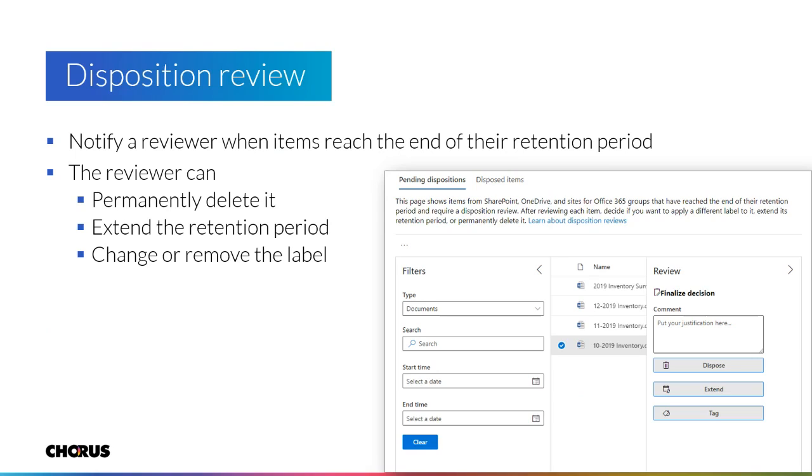The reviewer can then access these items, review their list of pending dispositions in the admin center, and they've got a few choices. They can permanently delete these files or emails. They can extend the period of retention, or they can apply a different label if they want to. So it's a more sophisticated approach than just automatically deleting files where you need it.